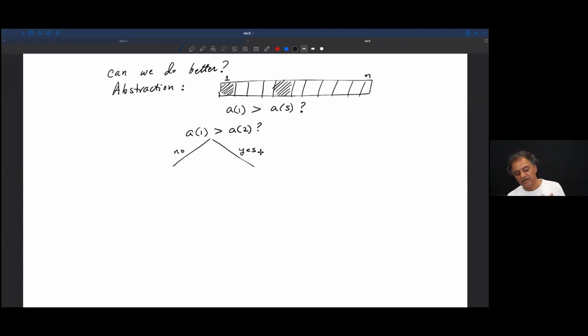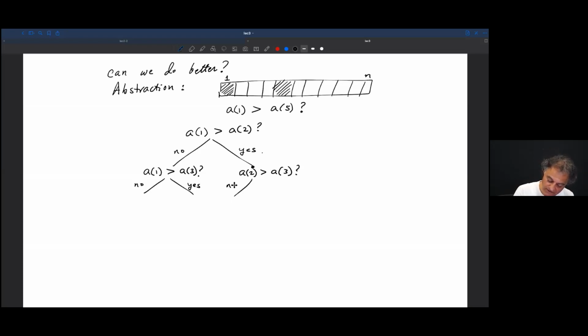Then we ask, is A1 bigger than A3? Again, the answer is either no or yes. And similarly out here, we could ask, is A2 bigger than A3? Again, the answer is either no or yes.